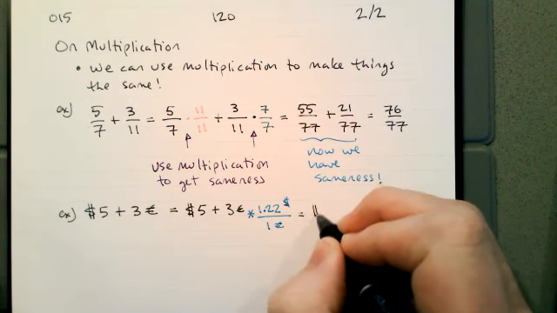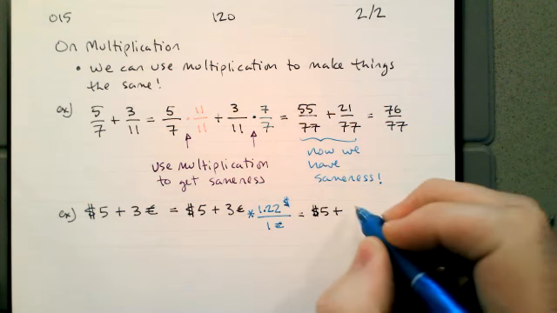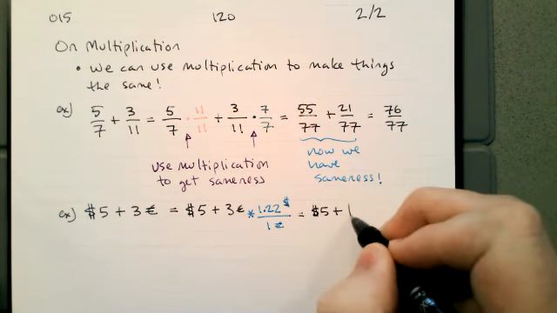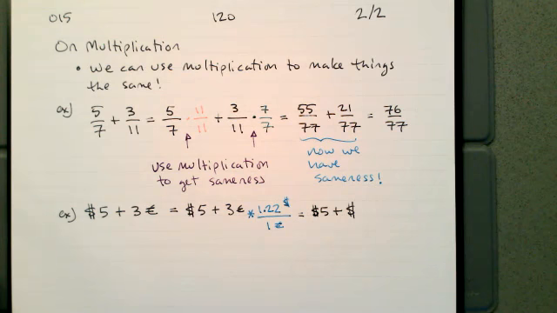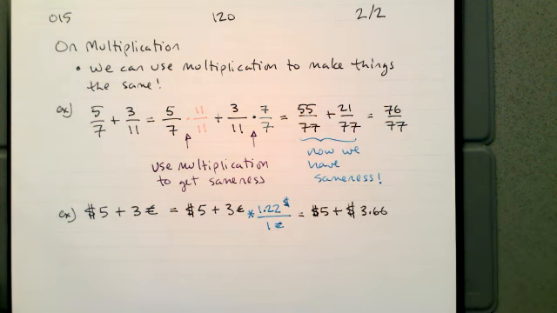So now I have $5 plus, and then whatever this is going to be. 3 times 1.22 is 3.66. And so we have $8.66.